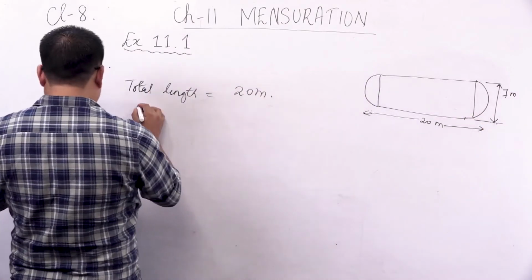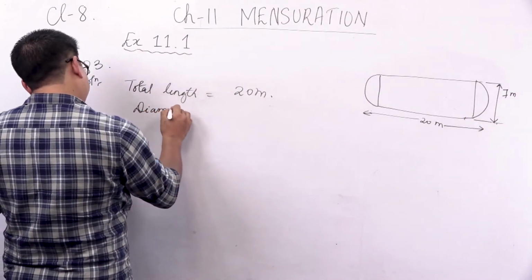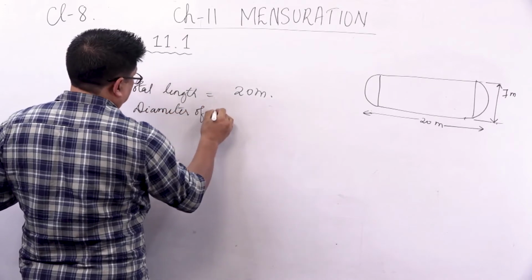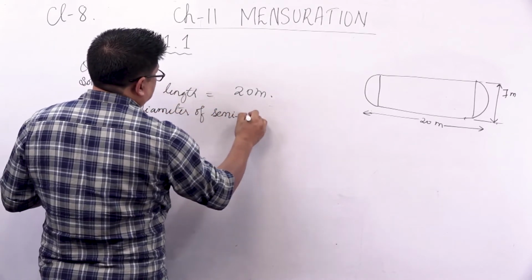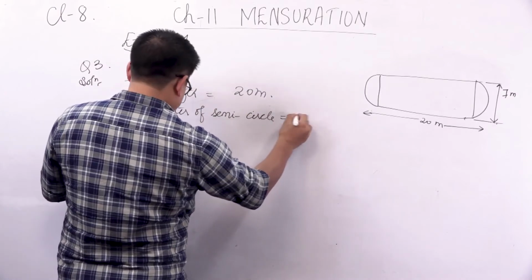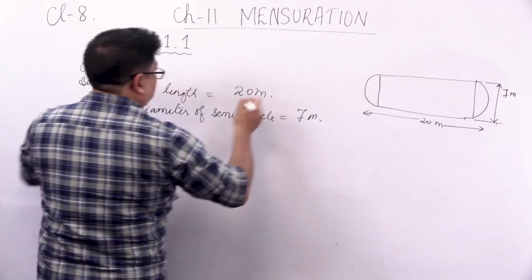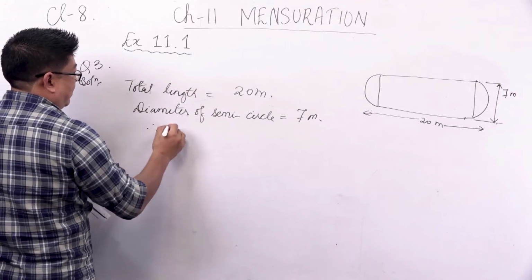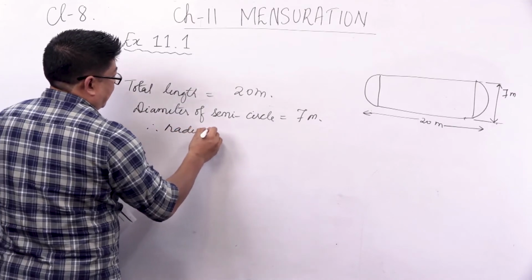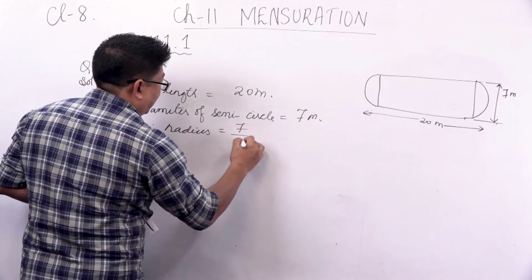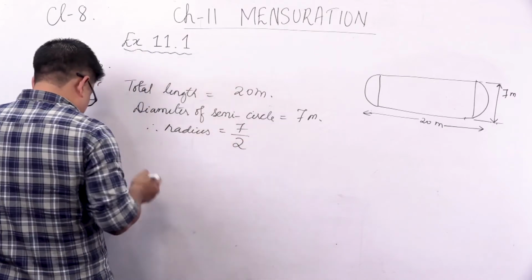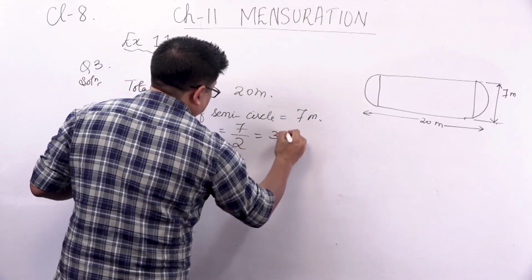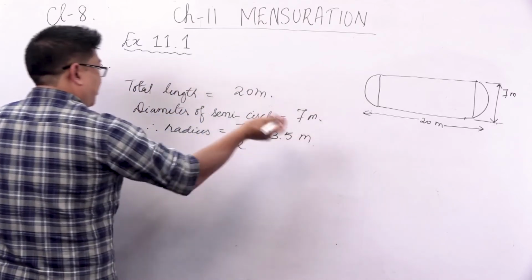So we can also write diameter of semicircle is equal to 7 meter. So if the diameter is 7, then its radius will be 7 by 2, right? Or we can also write it as 3.5. When you divide, you get 3.5.